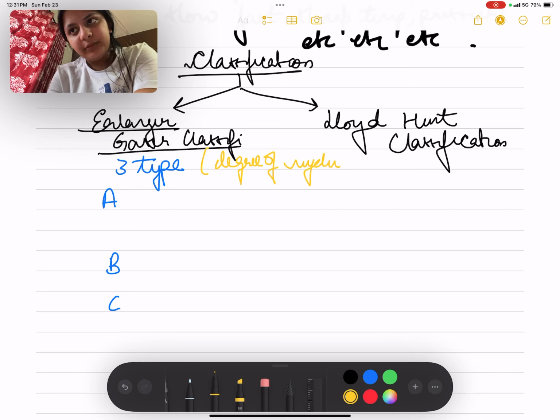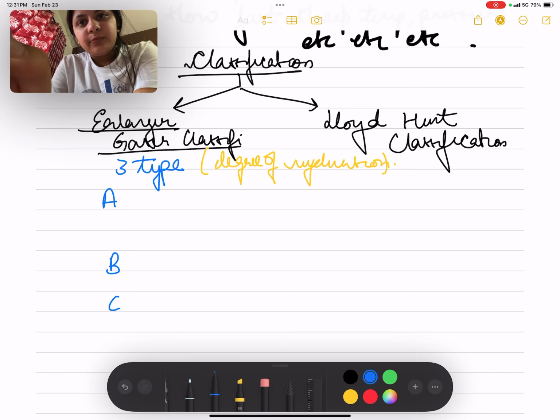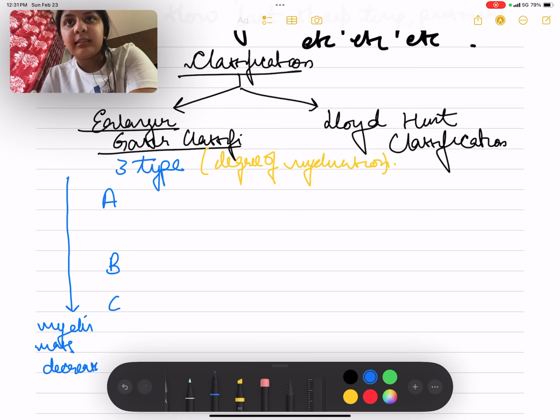Yes or no? So, as we go down, the myelin mass decreases. It will be maximum in the A fibers and minimum or absent in the C fibers. So, A fibers are thickest and myelinated and C fibers are non-myelinated.